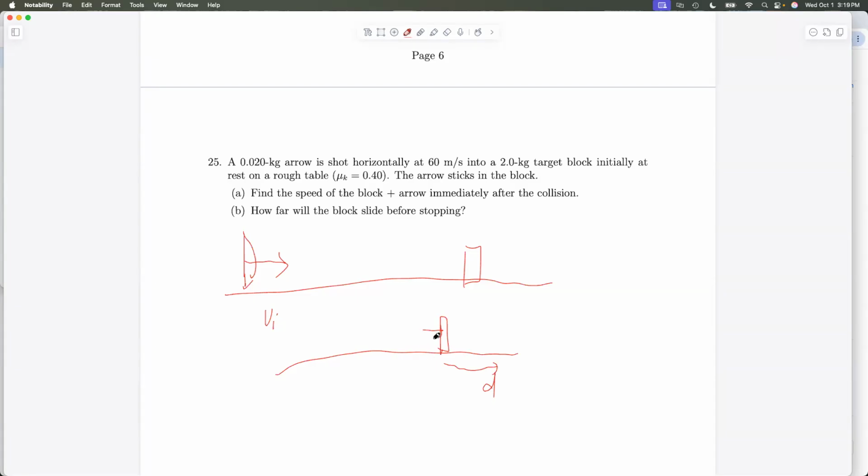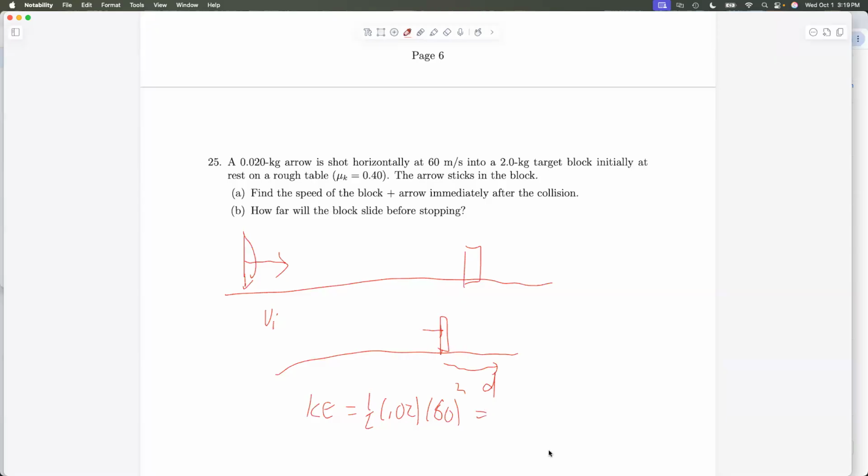So right here, the kinetic energy of the arrow right before it hits will be 1/2 times its mass times its velocity squared. That's a 60 there.